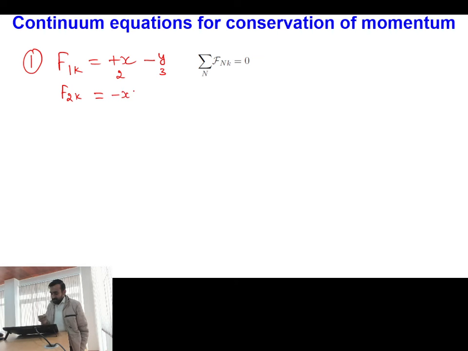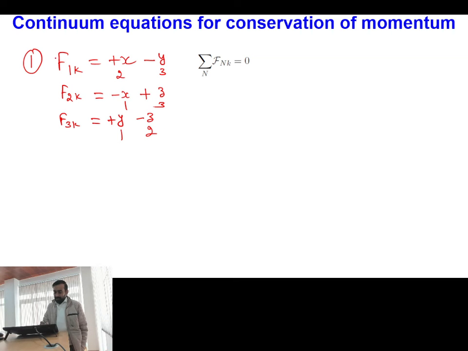Minus x. Say because of the third phase it is z. Then for the third phase, what will be the force? Plus y, because minus y was there because of the first, and because of the second phase it will be minus z.